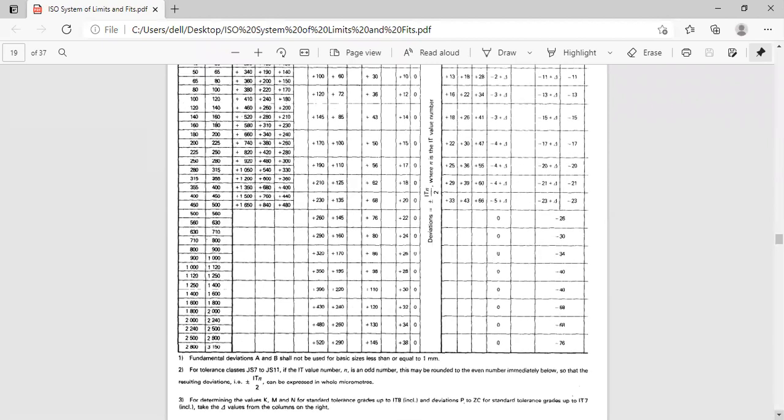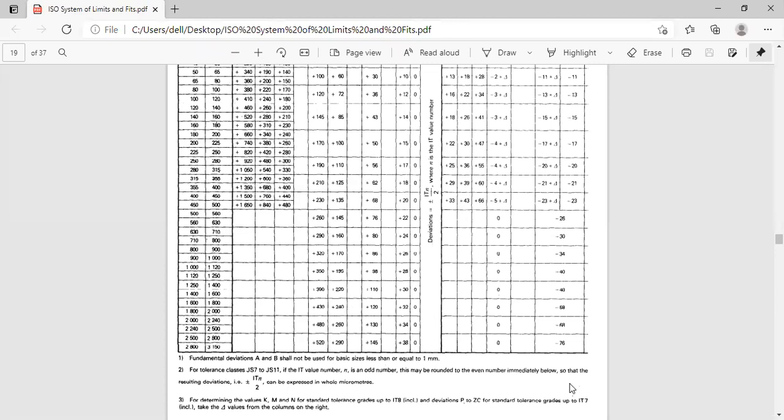So here, fundamental deviations. He has given some values. Already I told you how to take that for JS. JS is IT by 2. You have to take that JS, as it is small js or capital JS, as IT by 2. But here you can see in the table, note 2, what he has taken for JS7 to JS11.